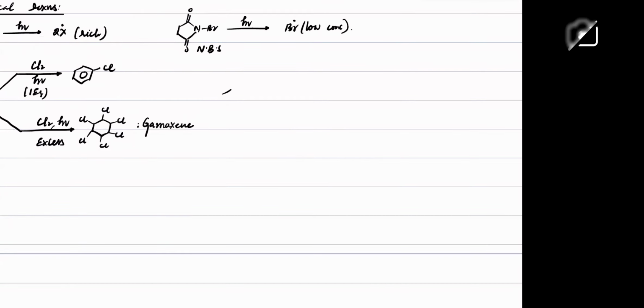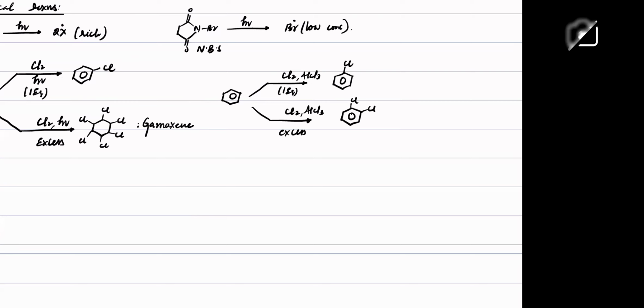Similarly, if you take benzene and react with Cl2, with one equivalent with AlCl3 or dark, sometimes it is mentioned as dark, so only one chlorine. If you take Cl2, AlCl3 with excess amount, in that case you will get this as Cl, Cl, Cl, Cl, Cl, and Cl.